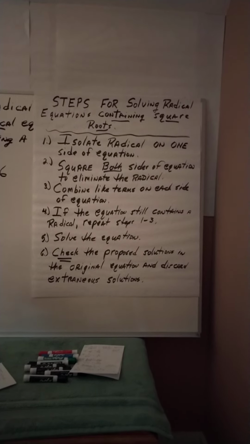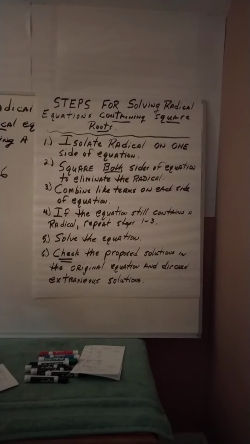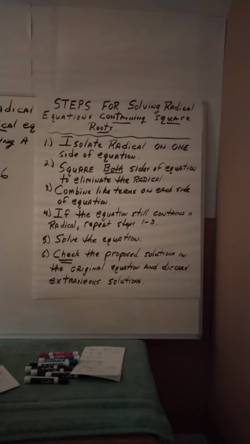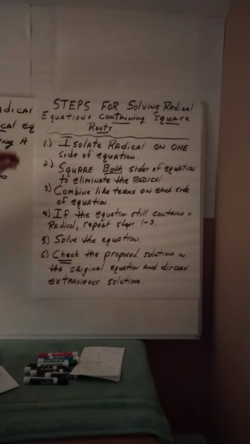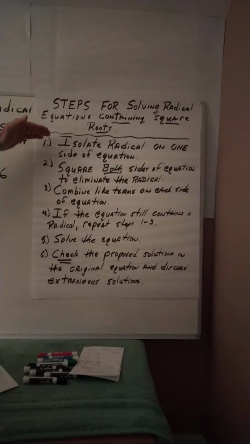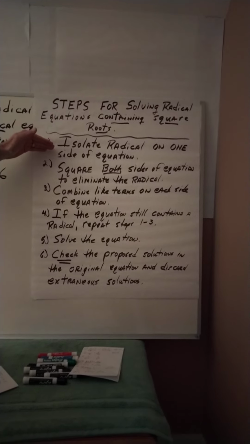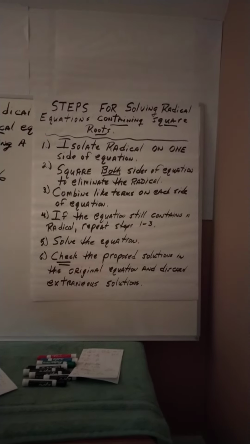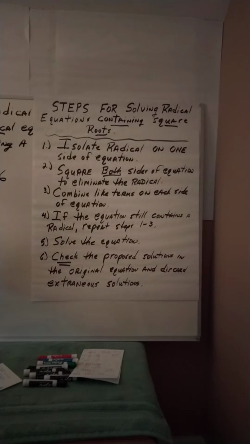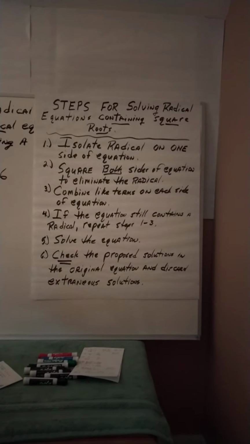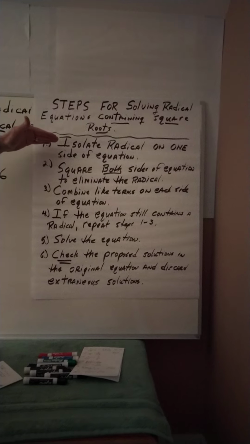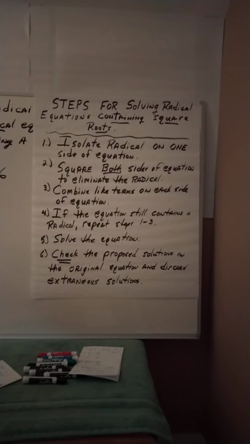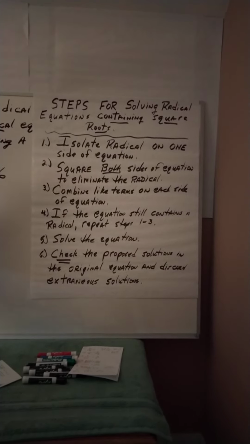You can't have two radicals on either the left side or the right side. You can't have any more than one radical on a given side. And we're going to see certain situations as to what we're going to have to do. But step number 1, isolate the radical on one side of the equation.